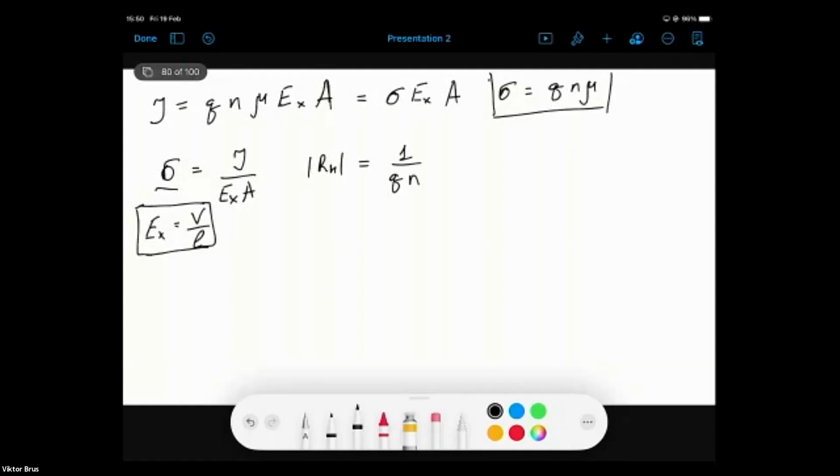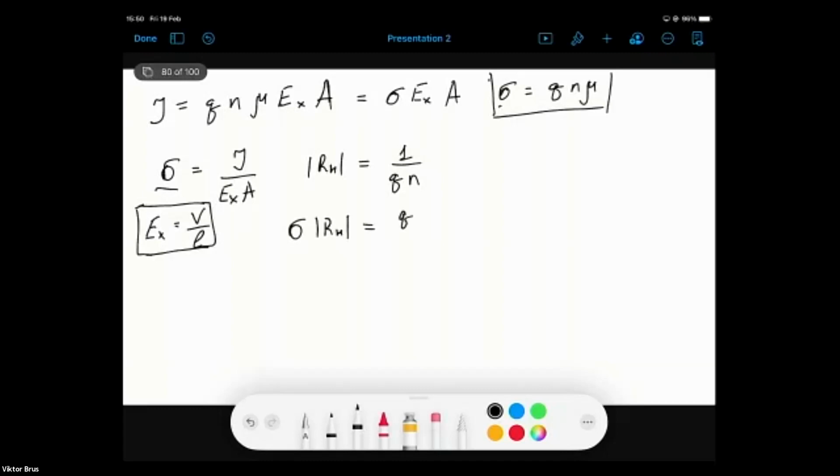And let's look at what we will get if we have a product of the absolute value of the Hall coefficient and electrical conductivity. So let's say we have sigma times the absolute value of RH. Instead of sigma, we put its expression.